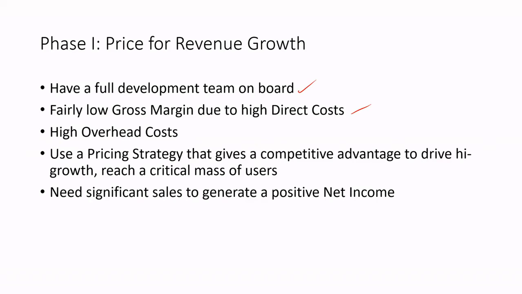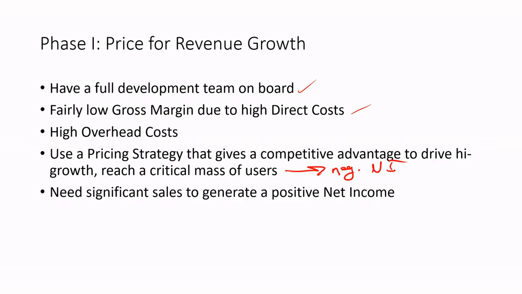We may also, in this period of time, have very high overhead costs. And so as we pick a pricing strategy that gives us a competitive advantage in the marketplace to drive high growth, to reach this critical mass of users, we may in fact be running a negative net income.